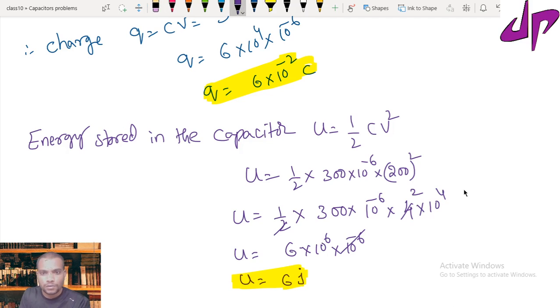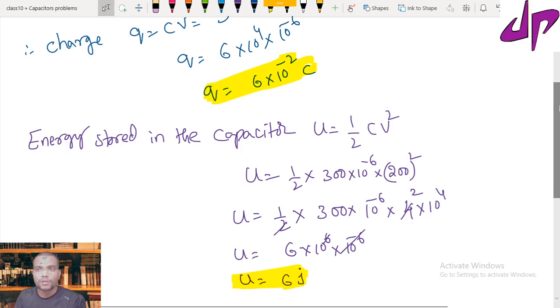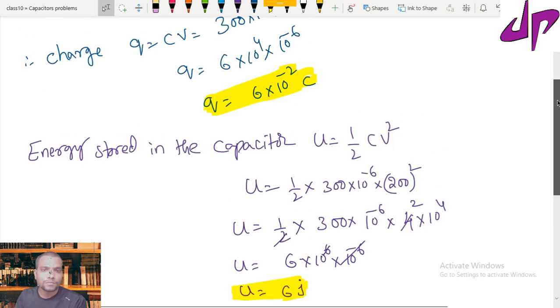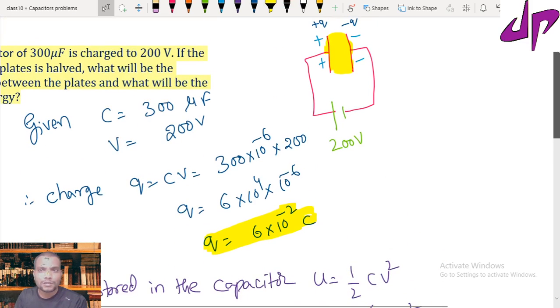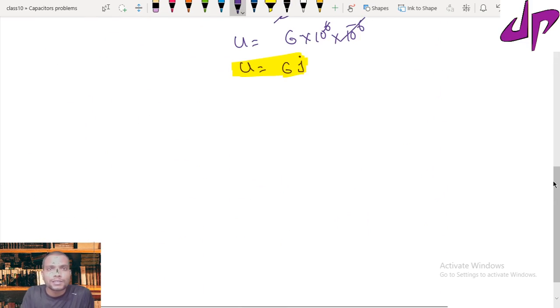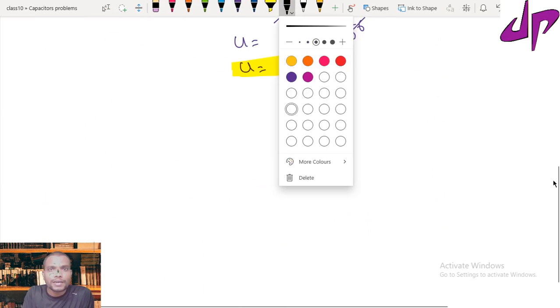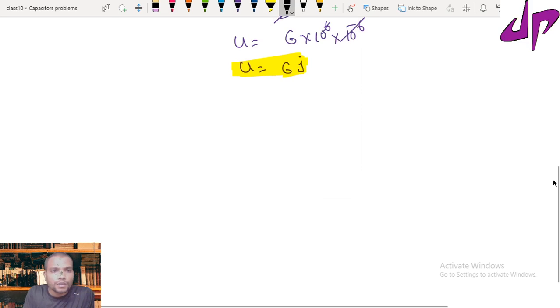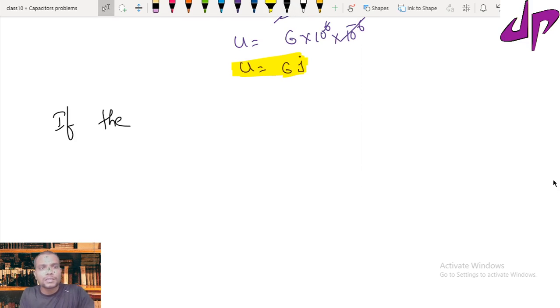That is what happens when the capacitor is connected to 200 volts. Now for the second case, the condition is given that the distance between the plates is reduced to half.